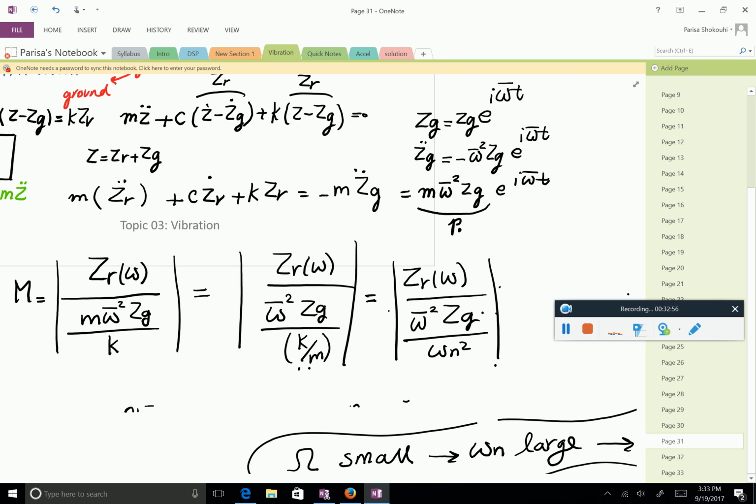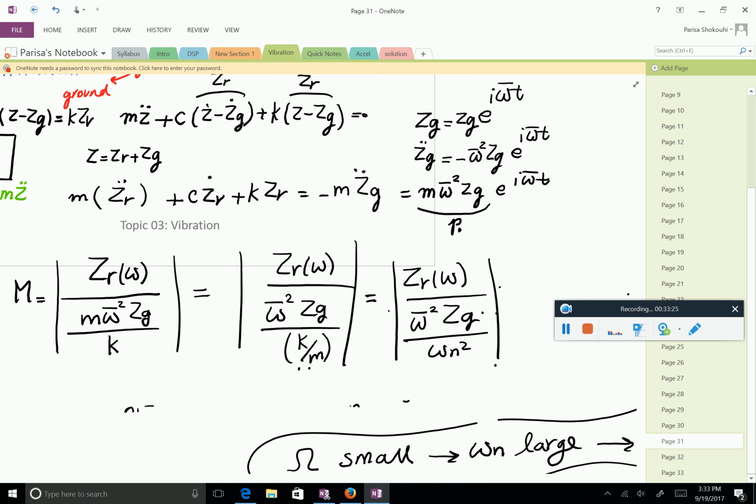If you have a spring and you just apply a force, the deformation is force over stiffness. That's why this is the static response. So we normalize it to get this dynamic amplification. That means that because it's dynamic force, the response will be larger most of the time for a smaller frequency.